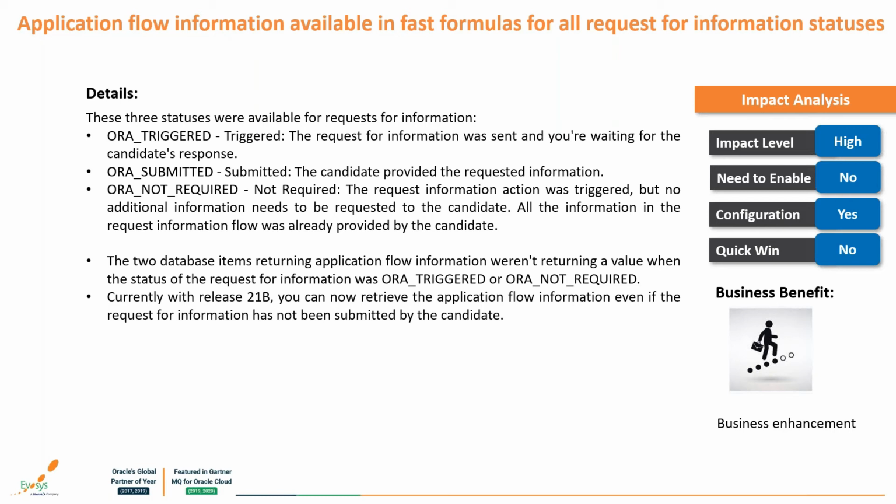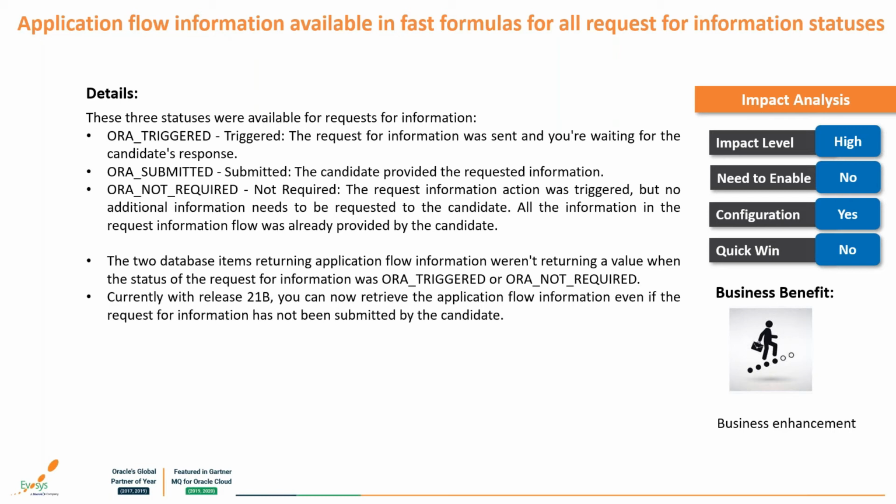When you want some additional information from a candidate, you can send a request for information to that candidate, and in that case the ORA triggered status is set, which means you are waiting for the candidate to send the information back to us. The second status is ORA submitted. When the candidate submits the information in the application, the status changes to ORA submitted. And the third one is ORA not required.